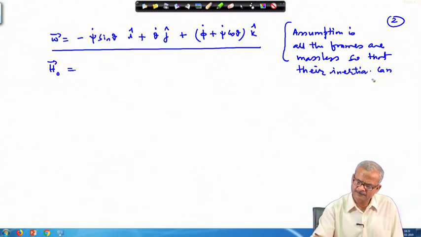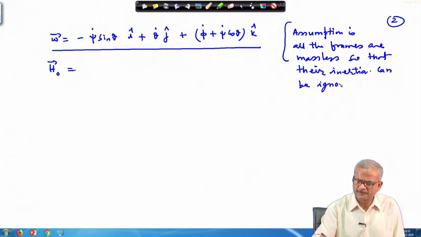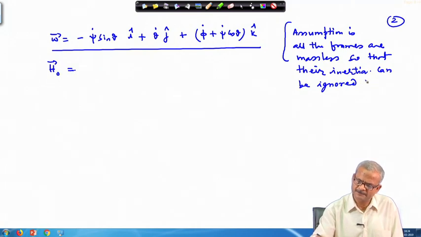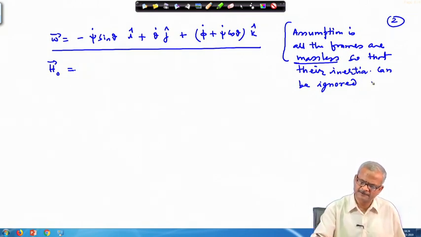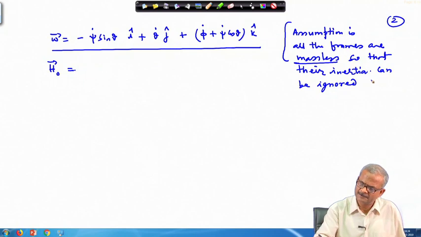Basically, here inertia implies moment of inertia. Their moment of inertia can be ignored or is 0. Being massless is just an ideal case which is never possible in reality. Once the frames have certain mass, the system equation will change. So, their inertia can be ignored.